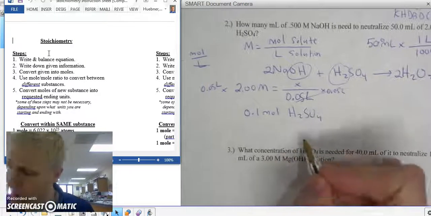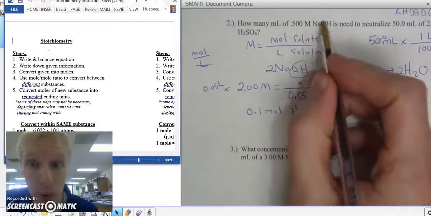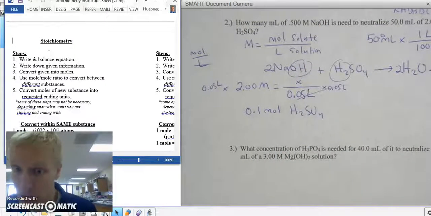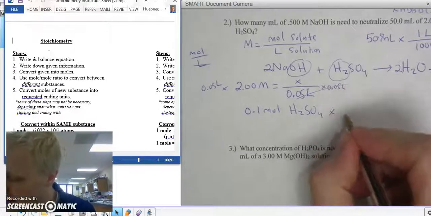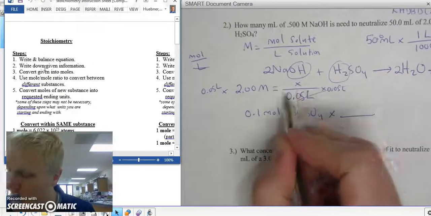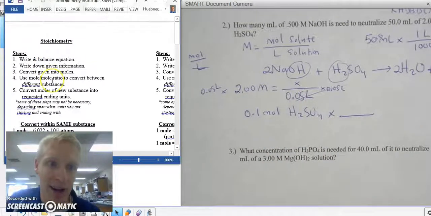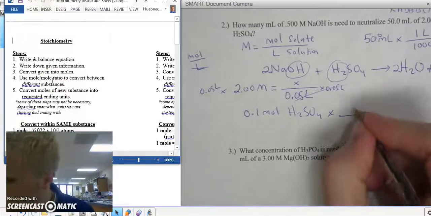If I have 0.1 moles of H2SO4, I need to find out how many moles of NaOH are neutralized, or reacted in this case. So I'm going to do a mole-mole ratio, because essentially what I did was I wrote and balanced the equation. I wrote down the given by doing this molarity equation to find moles. I'm now doing a mole-mole ratio.